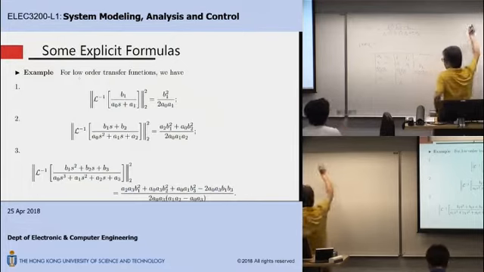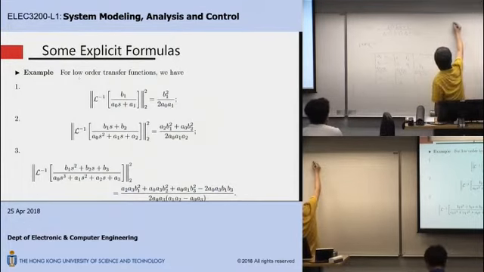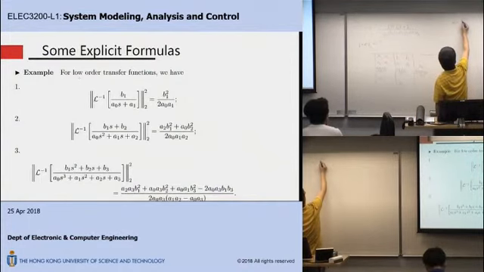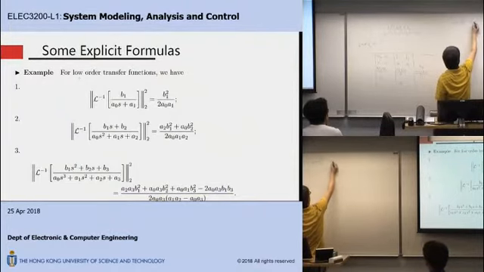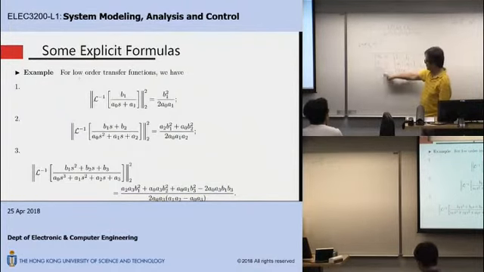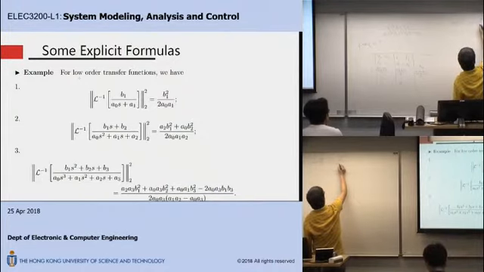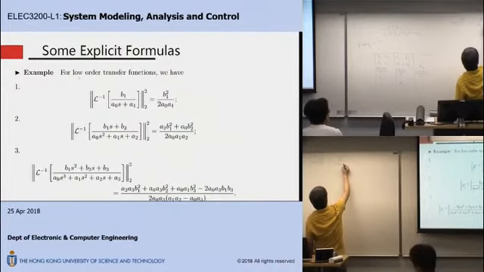From here, you see alpha 1 is equal to this divided by this. Alpha 2 is this divided by this, it's A1 squared over A1 A2 minus A0 A3.